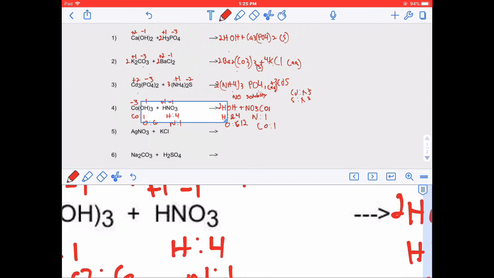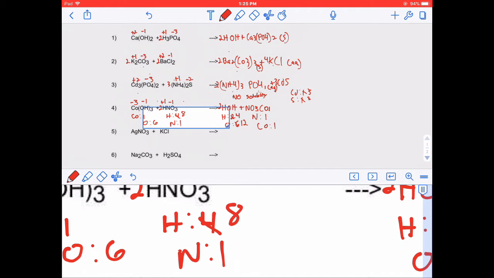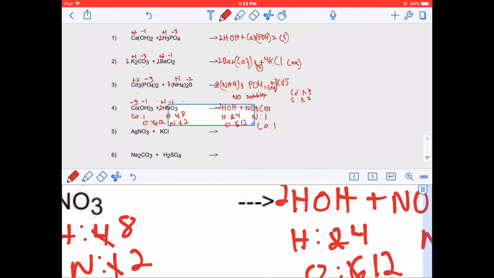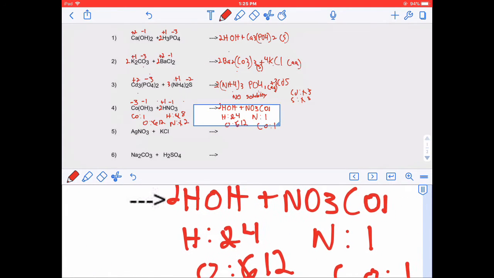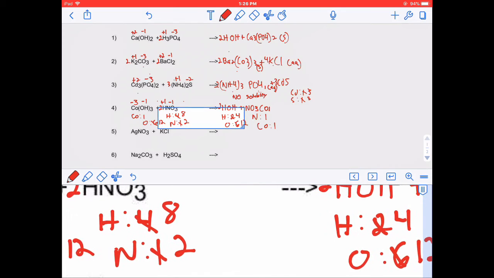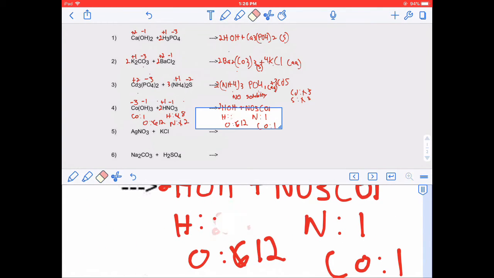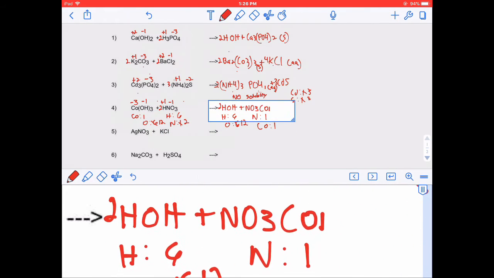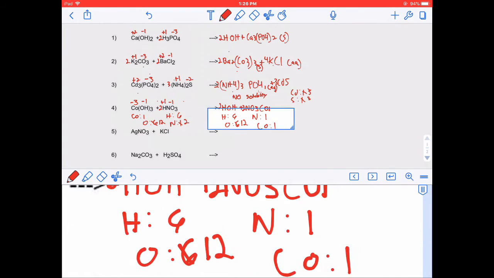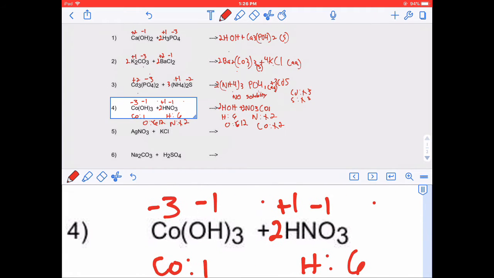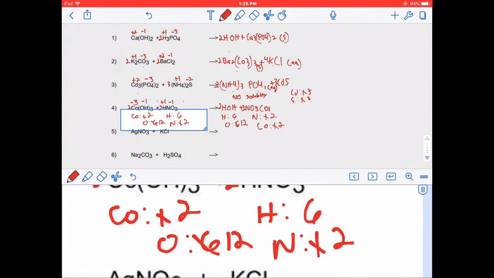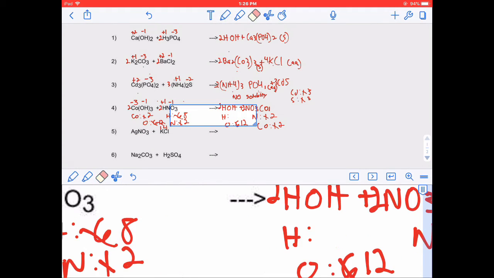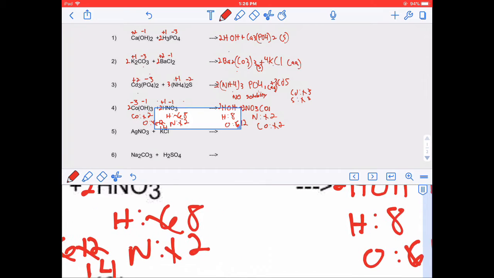There's a 2 in front of the HOH, 2 in front of the N. As I balance it out like a regular equation, I just get the final product, like always. I'm just wrapping it up really quick. And that's it for that one.